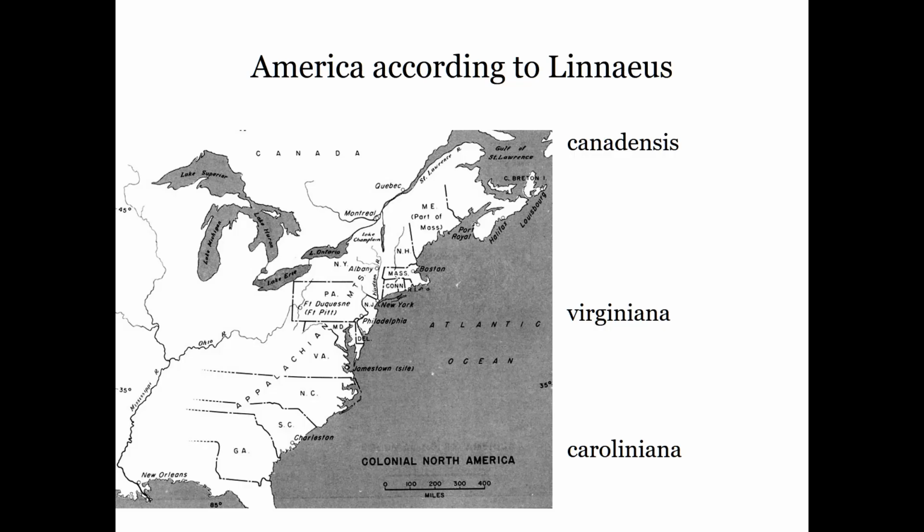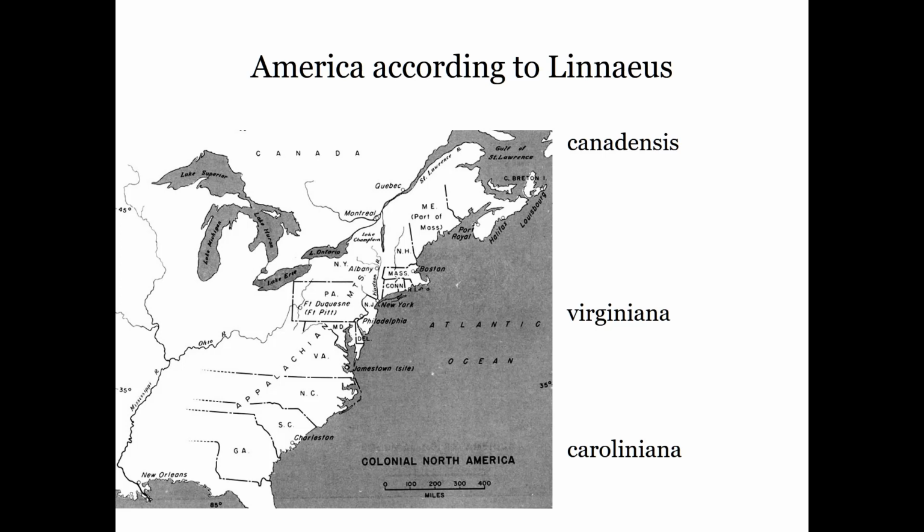I've mentioned this in class, but I want to real briefly highlight it again. When Linnaeus was describing a lot of things that were discovered in North America, this would have been a map of North America at about the time when Linnaeus was describing species. And you can see that a lot of states hadn't fully been formed. So anything with Alabamensis, there was no Alabama at that time.